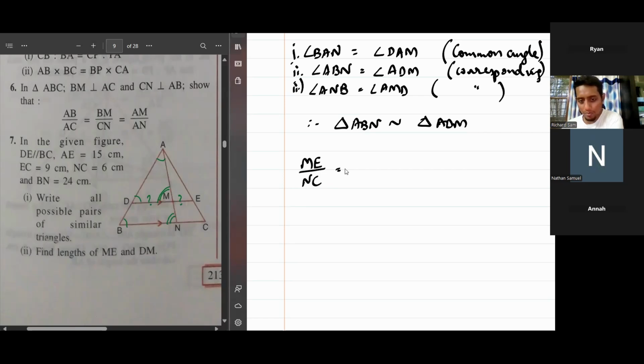And these two sides are proportional to which any other side that we know of? AC. No, ME is part of the small triangle. So which is a small triangle? AE upon AC. Okay, do we have AE and AC?